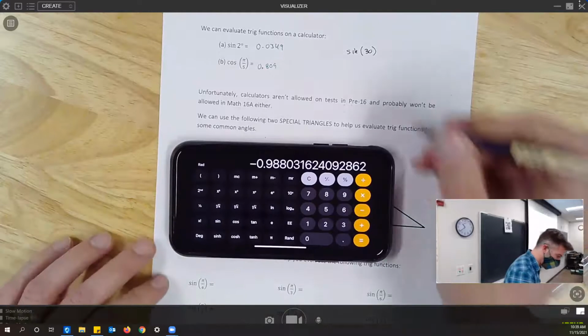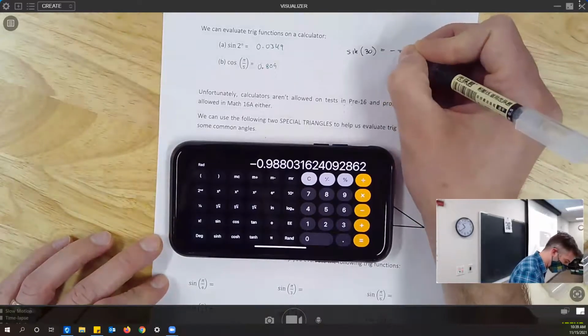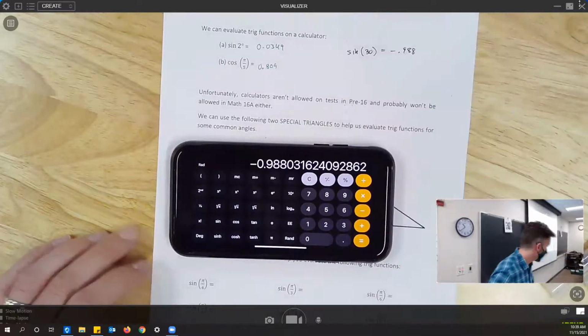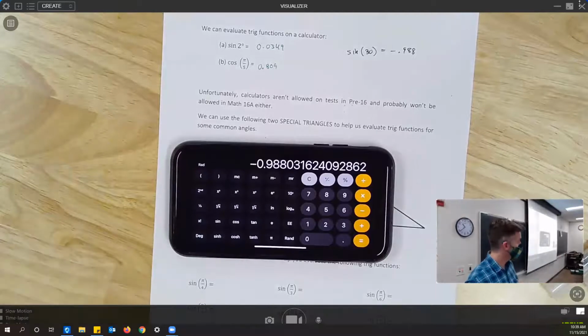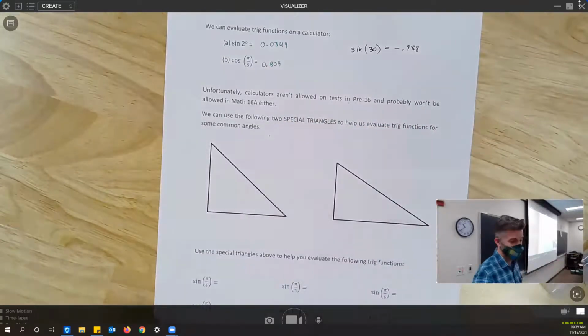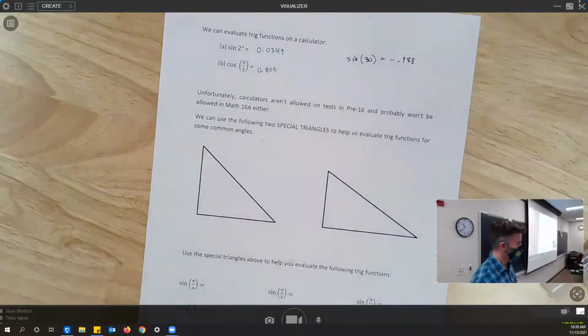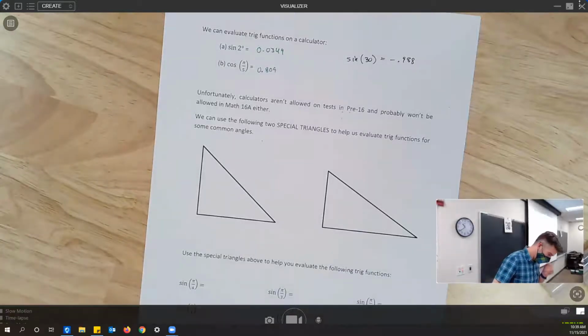It's negative 0.98. Just make sure you're in the right mode and don't use your phone calculator if you can help it, because to me at least it seems very unintuitive how to use it. Maybe if you practice with it, it's very easy, but it's not easy for me. If you've got a regular TI-30 whatever, I would use that because it seems easy to use.